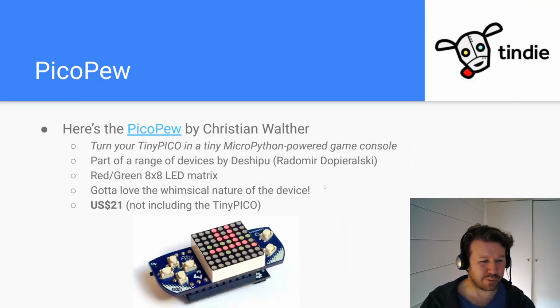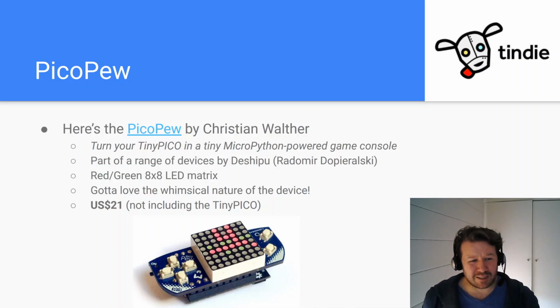The Pico Pew by Christian Walter. So this is part of a range of devices that was kicked off by Radomir Dobrowski, who's better known as Deshipu. He's been doing these kind of retro gaming devices for a while, including building his own software libraries to support them. And so Christian took that, and this is really at the kind of the lower end, but it's so cute, and so yeah, whimsical is the word I used.